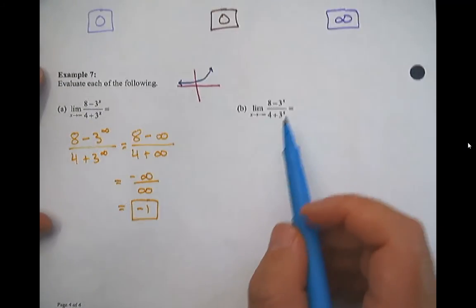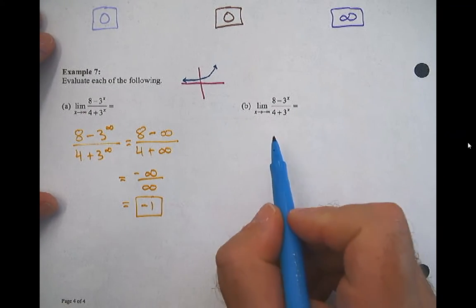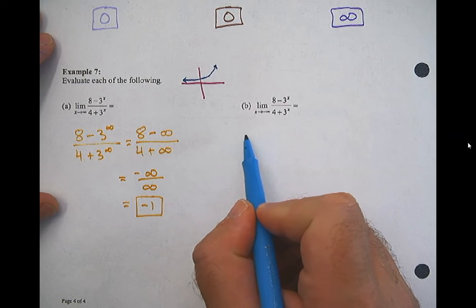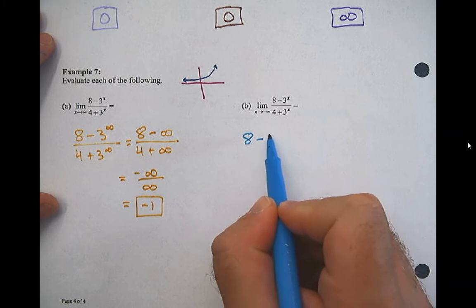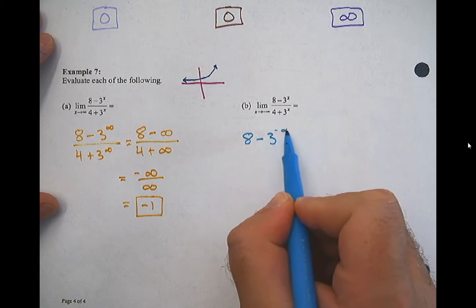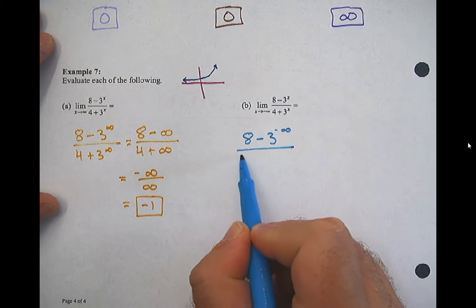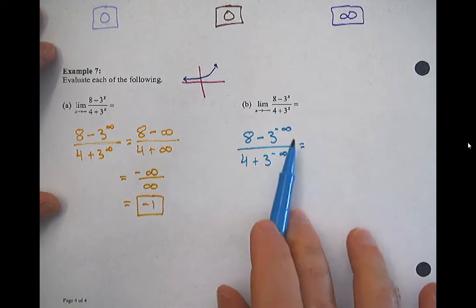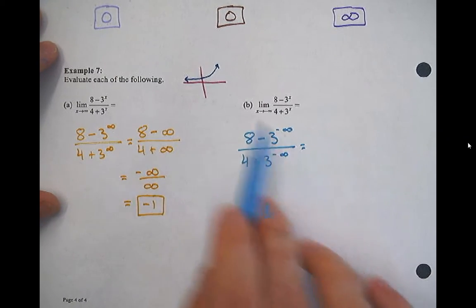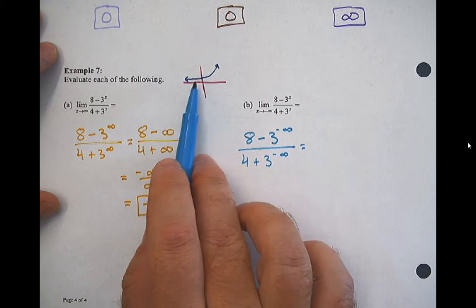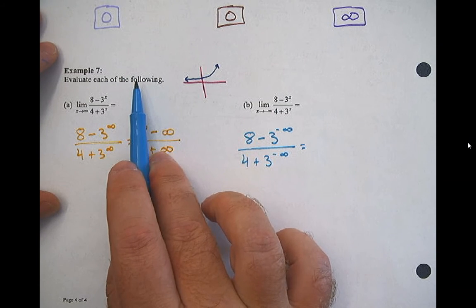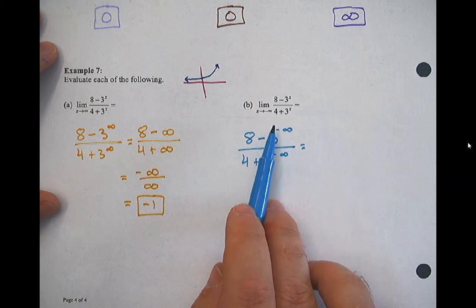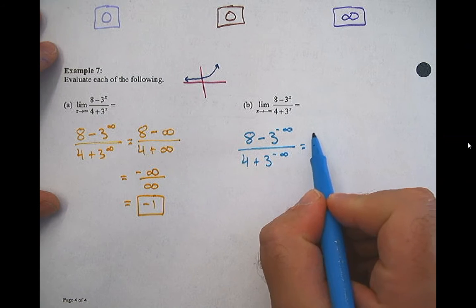Same idea here. Let's have you try this one on your own. Okay, so I'm going to plug in the negative infinities. Two ways to think about this. You can think about this as looking at the graph and saying what's happening as we go towards negative infinity. Or you can think about this as a negative exponent, which means flip around.